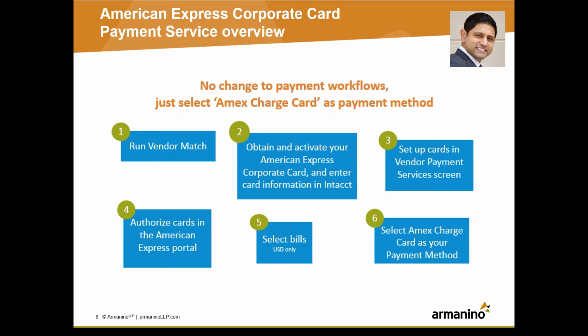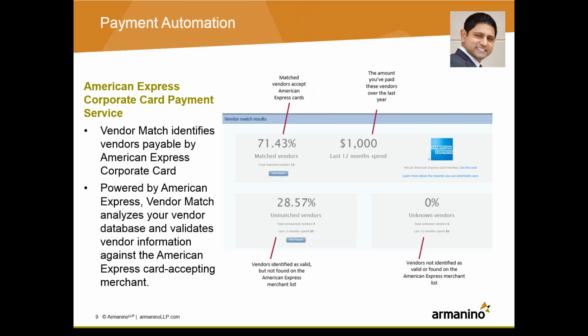Well, on the vendor payment screen, we'll be able to select that as a payment method. When we go through the appropriate payment approvals, that's going to transmit to American Express to essentially use your card to pay that bill. So this is just a little overview. You've seen this before. The only thing that has been added here is American Express.